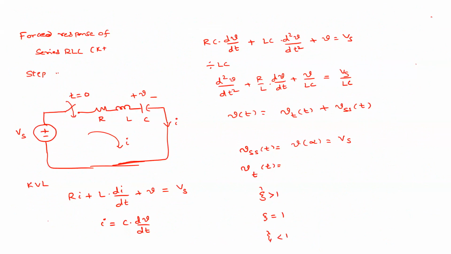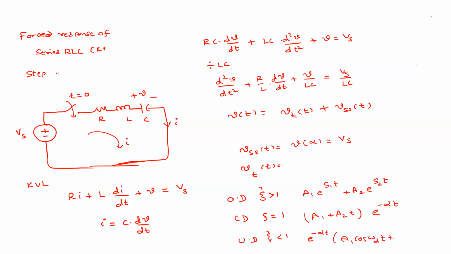Zeta greater than 1 is the case of alpha greater than omega naught, which is overdamped. Then critically damped, and underdamped. The solutions are: A1 e to the power of s1t plus A2 e to the power of s2t; then A1 plus A2t, into e to the power of minus alpha t; and e to the power of minus alpha t into A1 cos omega dt plus A2 sin omega dt.